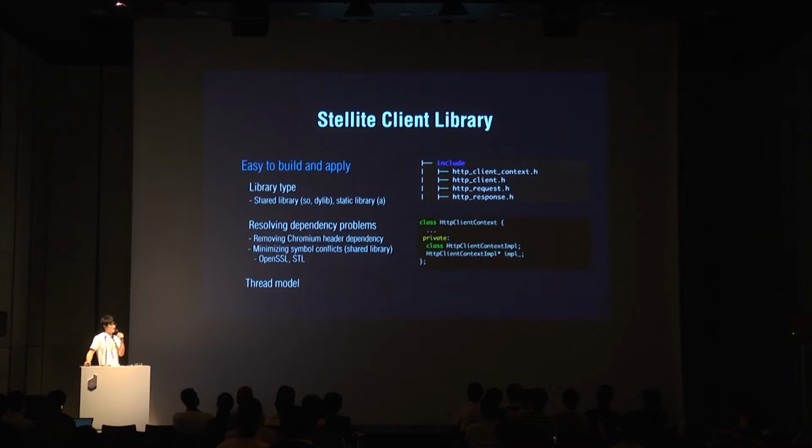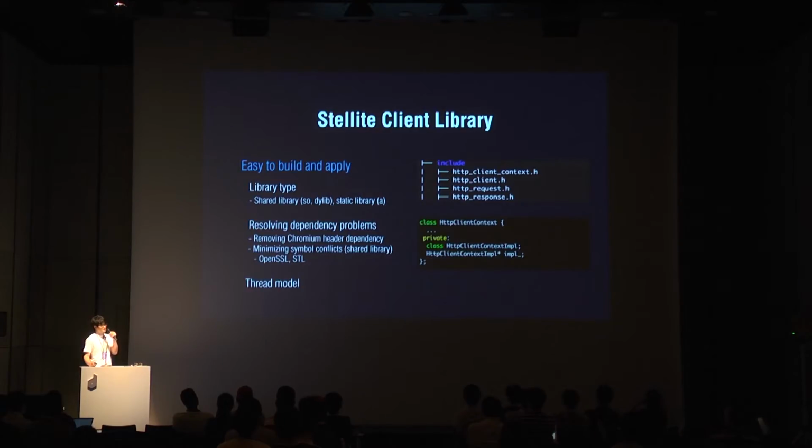To make the client easy to apply and develop, we tried to minimize the dependency in several ways. First, as shown in the second figure, we removed the Chromium header dependency using forward declaration and pimpl pattern.